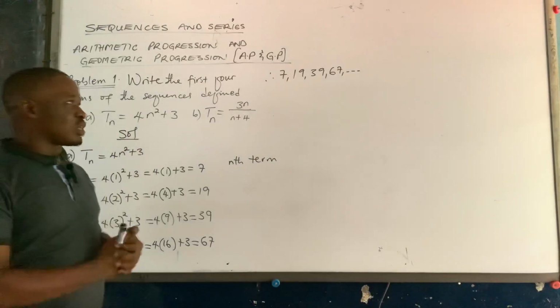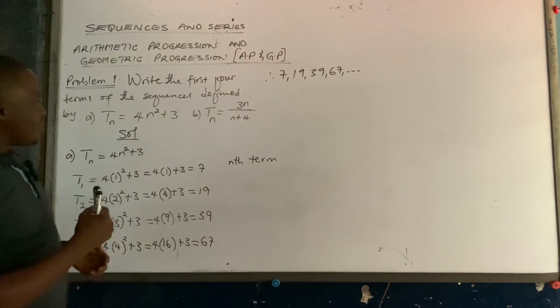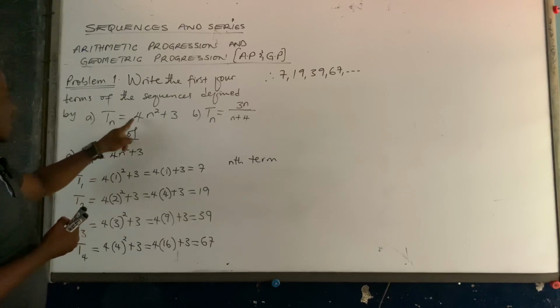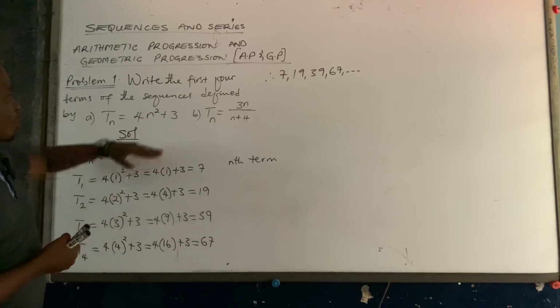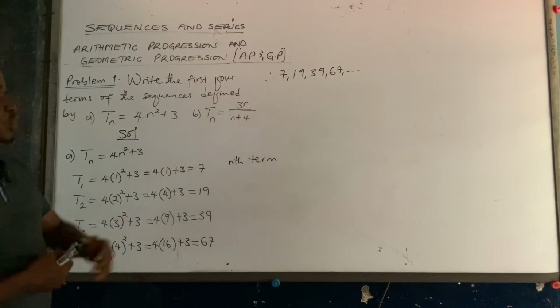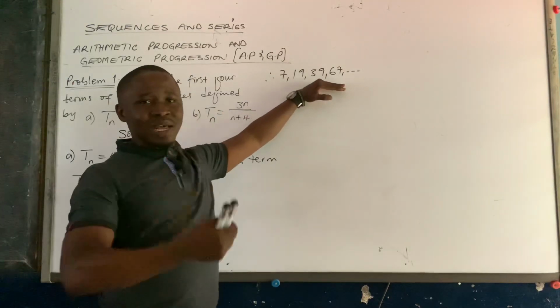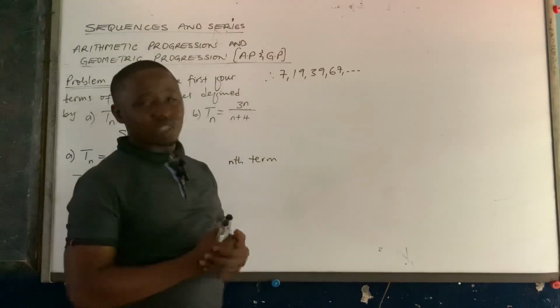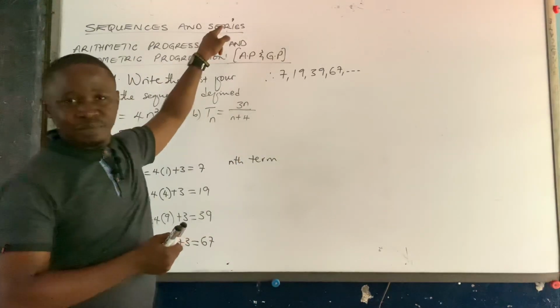All we are told is that the general term, which we normally call the nth term, T sub n, is given as 4n squared plus 3. So from this general term, we should be able to write the first 4 terms. Here is now the sequence. We normally write a sequence with commas. And when the commas change to plus signs, we call it a series.